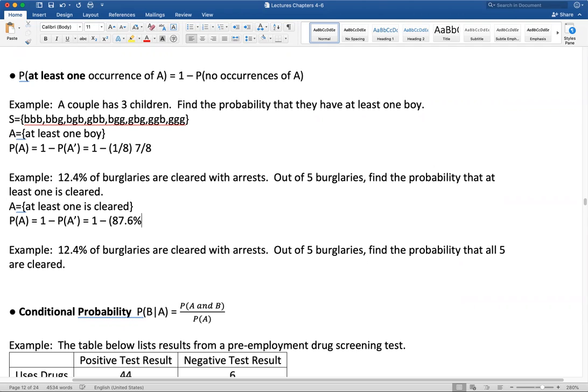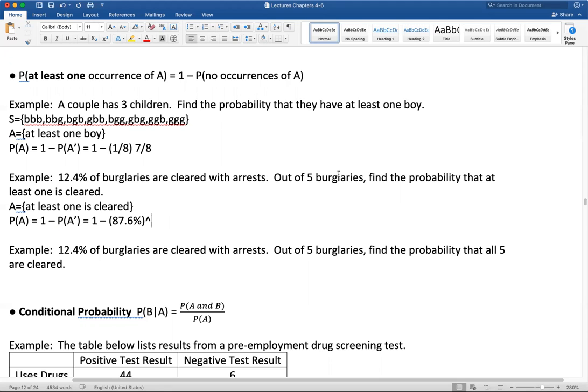Keep in mind that all percentages mean probability. So 87.6% is the probability that a randomly selected burglary is not cleared with arrest.